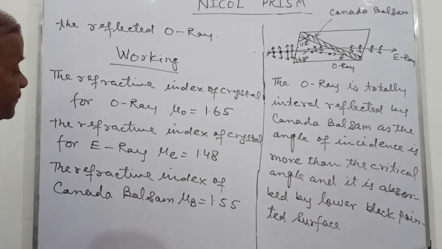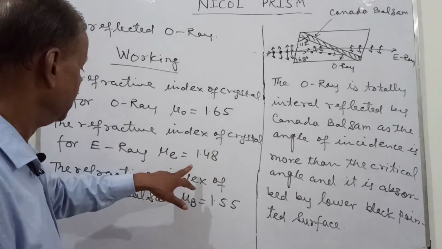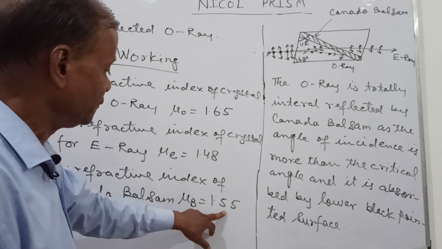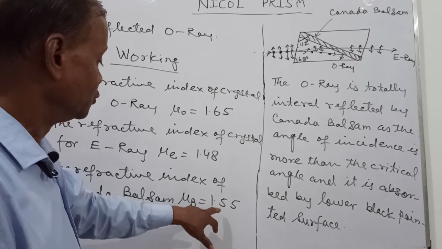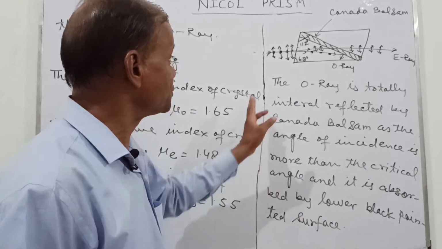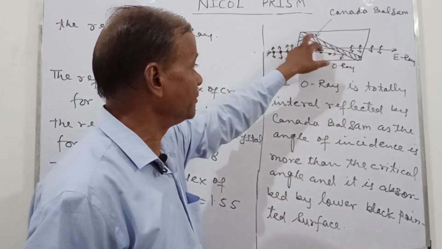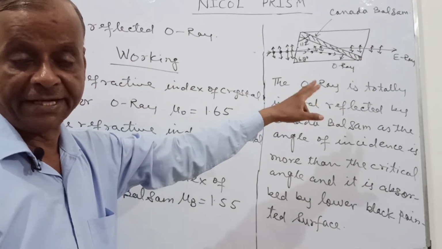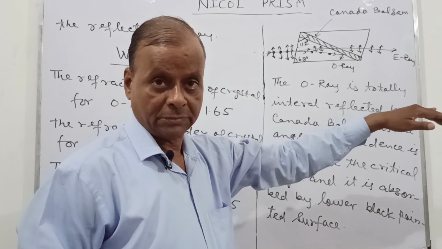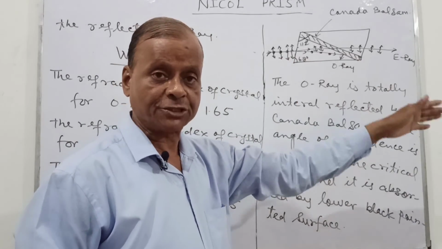And now you can see that for E ray, we have 1.48. This is 1.55, Canada balsam. So this acts as the denser medium. So for this E ray, the Canada balsam is a denser medium. So it is refracted and transmits through the crystal.